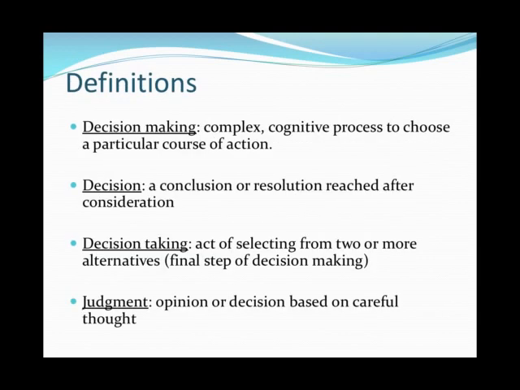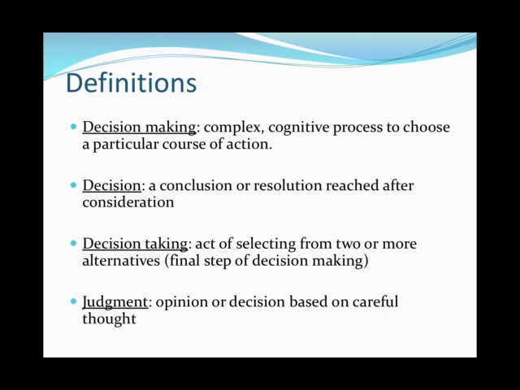So when we're going over definitions, decision making is a complex process where you choose a particular course of action. Whereas a decision is the conclusion you reach after consideration. Decision taking is the actual act of selecting from the alternatives.